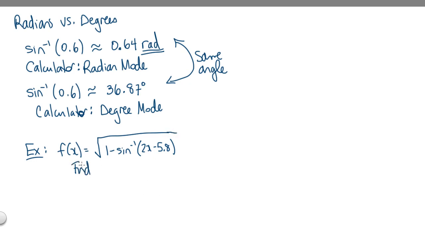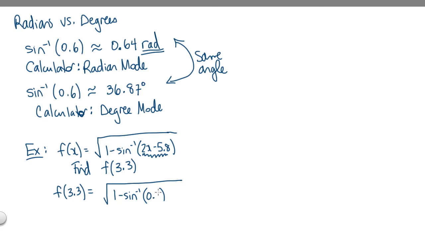Let's see if we can find f of 3.3. So we're just going to try to plug in a value here and see if we can get an answer that makes sense. Well, f of 3.3 looks like the square root of 1 minus arc sine of, and plugging the 3.3 in here, this works out to 0.8.